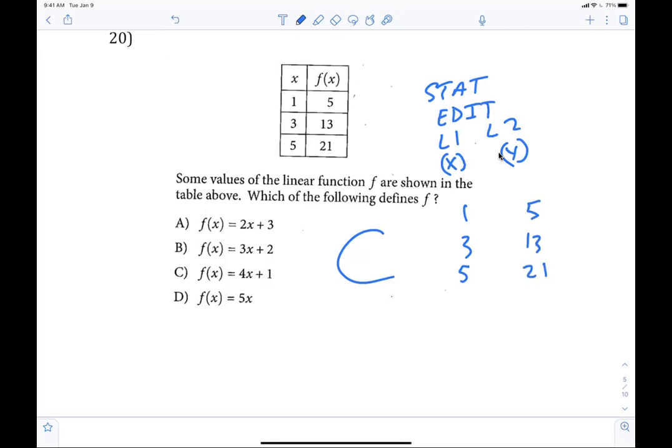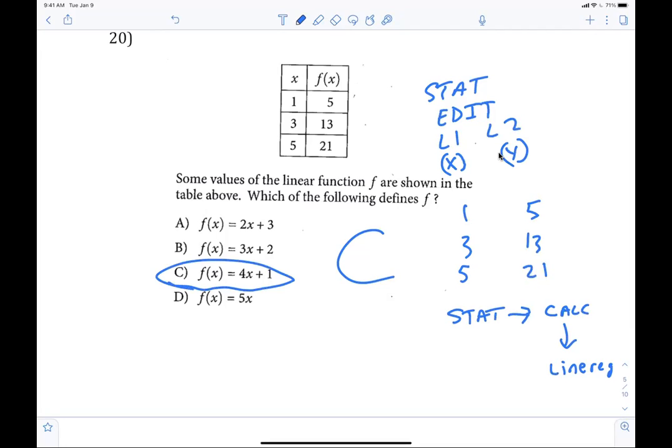Then after you type those in, if you recall, you go to Stat, you go over to Calc, and you go down to linear regression, which I think is 4. And then hit enter all the way through, and it should spit out the answer. Is that right? C. Really nice.